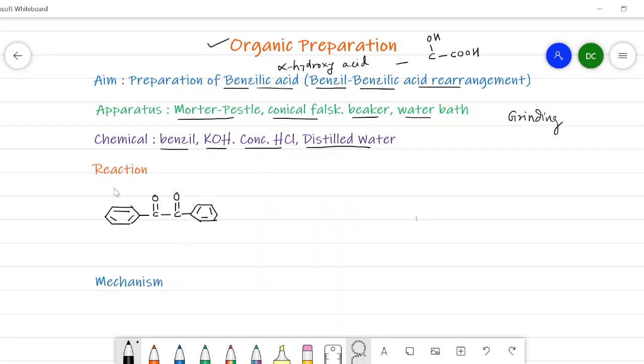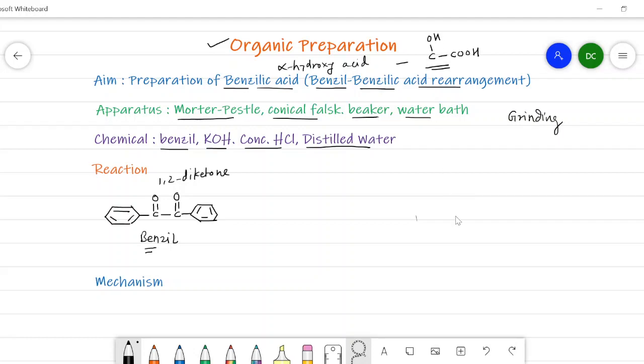In this way, we can write the benzil. Now this benzil is nothing but a 1,2-diketone, in which there are two benzene rings. Now this benzil is going to convert into the alpha hydroxy acid.